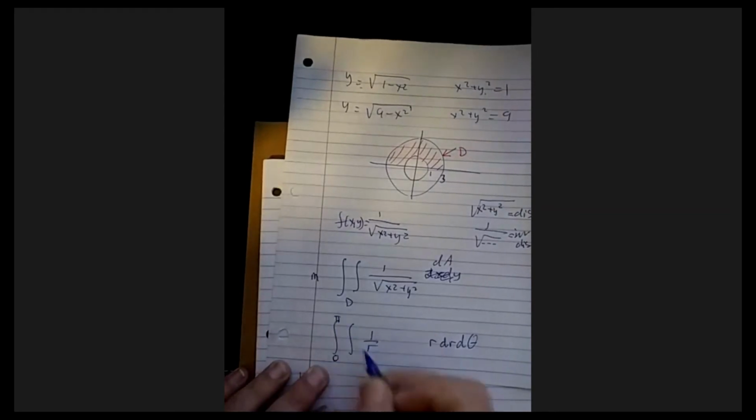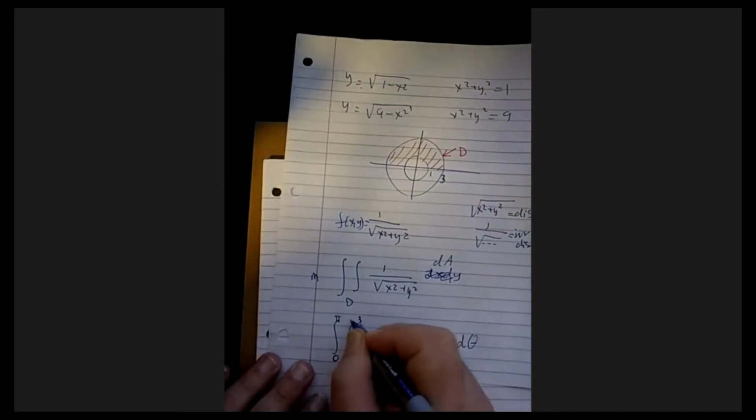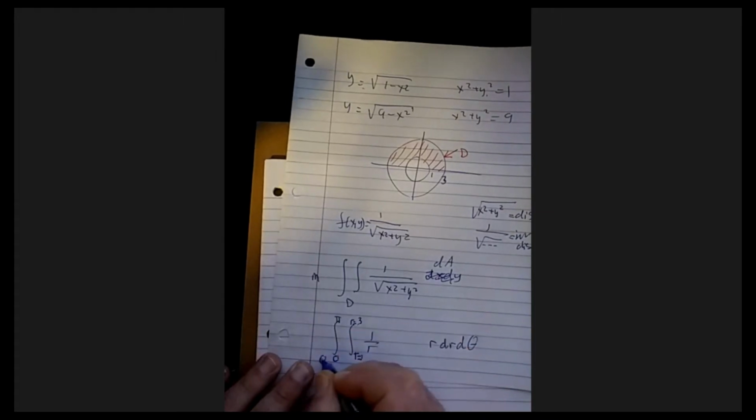Yeah. And you always have an r with polar, so they're going to cancel out without any issues at all. If I want to describe this region, wouldn't you go 0 to pi and 1 to 3? So this would be r equals 1 to r equals 3, and theta equals 0 to theta equals pi.